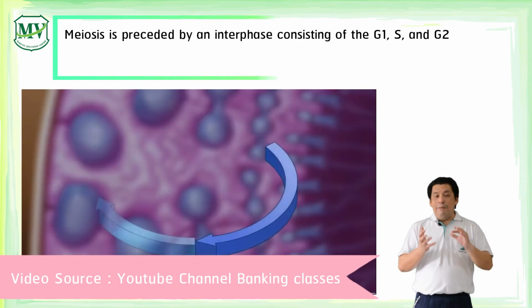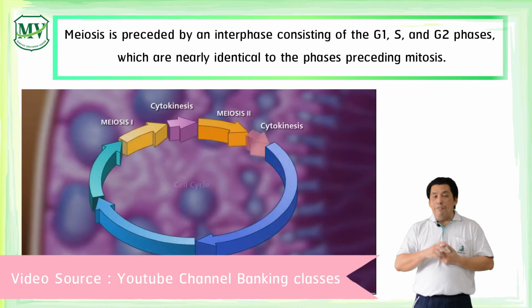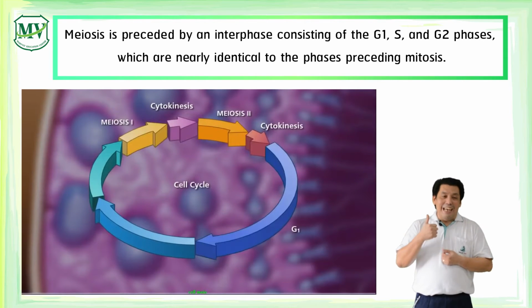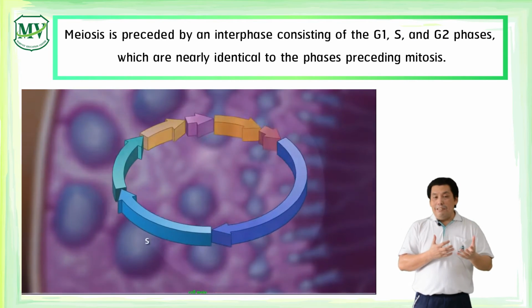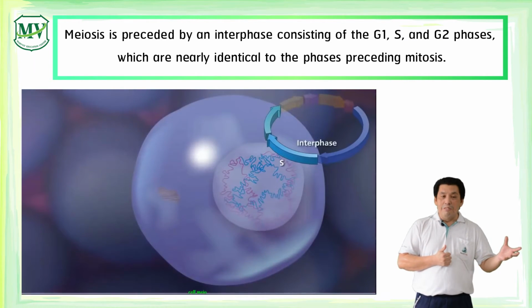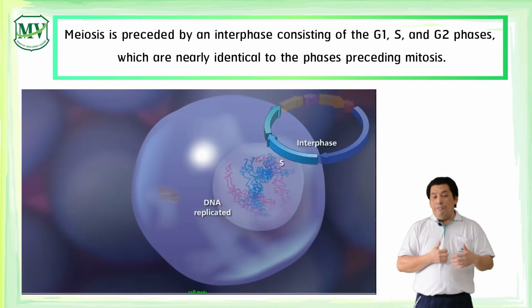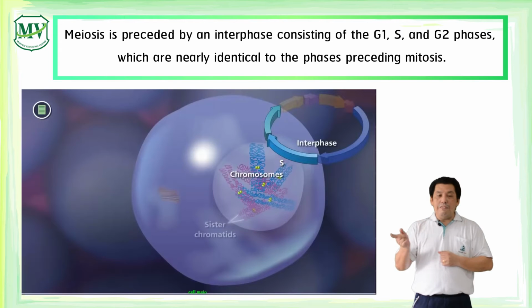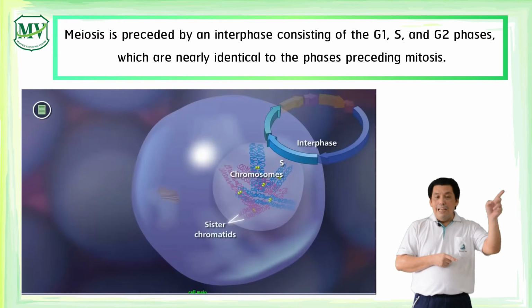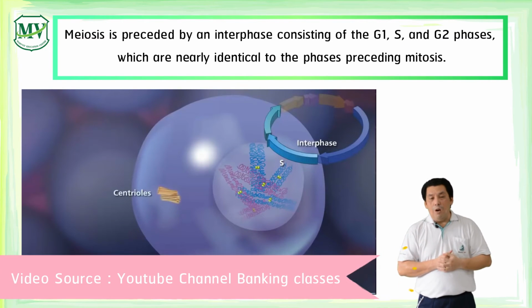Meiosis is preceded by an interphase consisting of the G1, S, and G2 phases, which are nearly identical to the phases preceding mitosis. The G1 phase, which is also called the first gap phase, is the first phase of the interphase and is focused on cell growth.